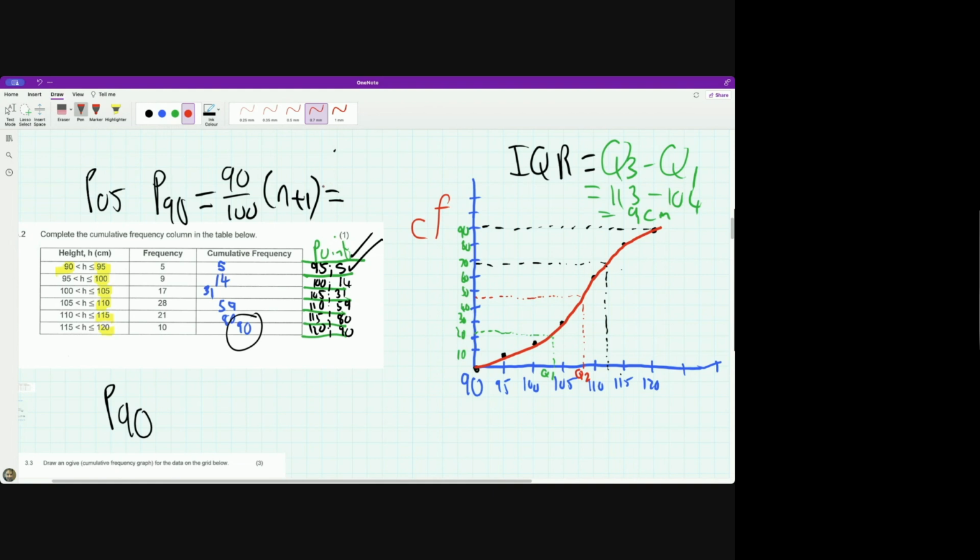So what is going to be the position of the 90th percentile? And then we will estimate P90 after that.